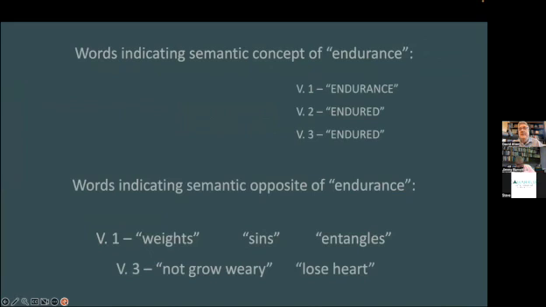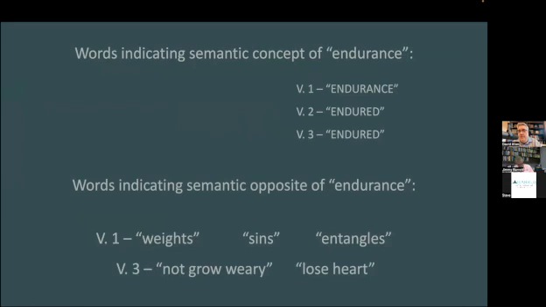Notice that in our text, the word endurance is repeated three times. It occurs in verse 1, verse 2, and verse 3. Therefore, this word is important to the author, so we make note of that. Endurance is a word we would want to do a word study on. The word endurance, by the way, is a good translation.